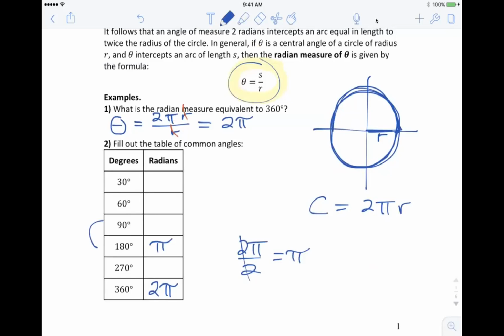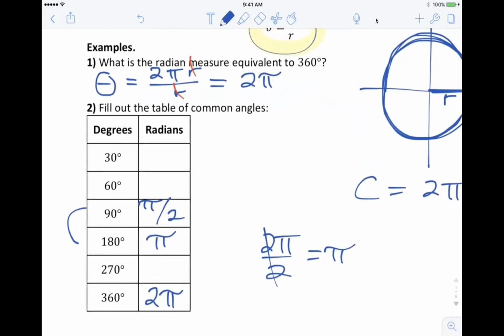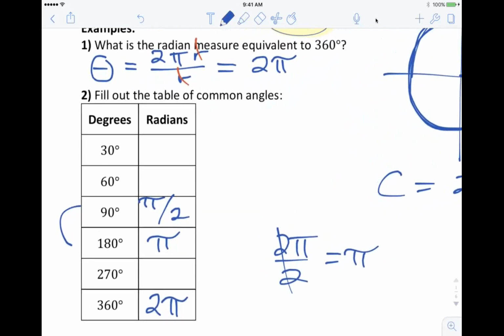Now to jump to this one, I'll skip the 270 for now, but 180 divided by 2 is 90. So I just got to take pi divided by 2. And I don't want to get in a decimal approximation. I'm just going to leave that pi over 2. Okay. How about 180 to 60? That would be a divide by 3, right?